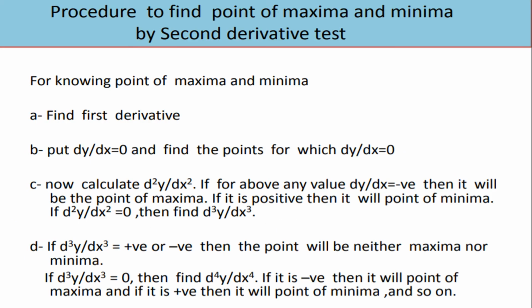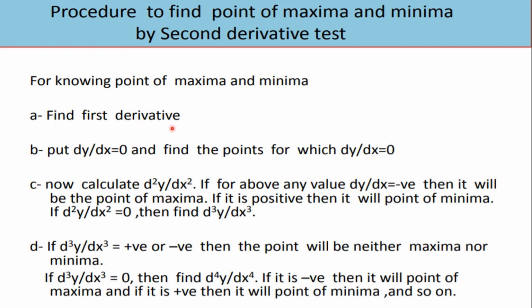Right. Now come to this point. Procedure to find point of maximum and minimum by second derivative test. Okay, my children, this is the second derivative test to find point of maximum and point of minimum. See here, for knowing point of maximum and minimum, first step we have to find the first derivative.